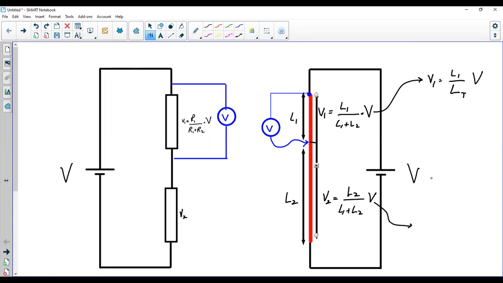And V2 is L2 over the total length into V. So these are the things which we need to apply.